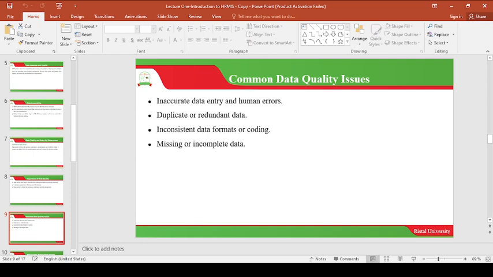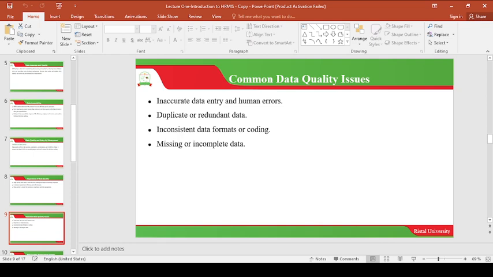You are duplicating data when you already have that data. The challenge here is that it is occupying space, and if you want to update, you may end up updating one while the other one is not updated. So next time someone who is going to look for the updated data will get confused because of the duplicate name or file name.